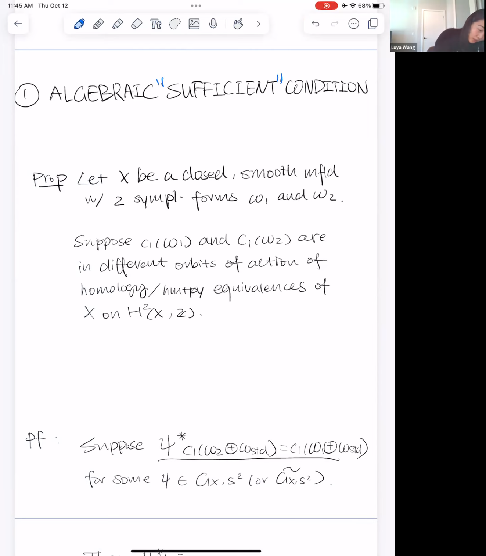We let X be a closed, smooth four-manifold with symplectic forms.